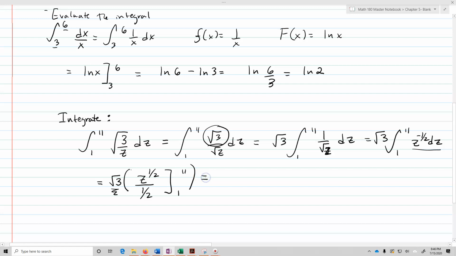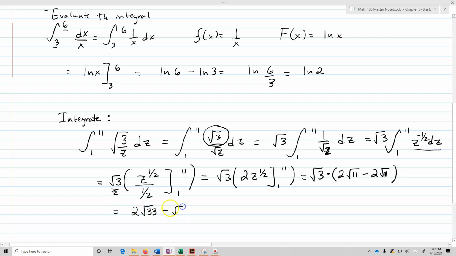With a little bit of algebra, this is root 3 times 2z to the 1/2 from 1 to 11. So this will be root 3 times 2 times the square root of 11 minus 2 times the square root of 1, which equals 2 times the square root of 33 minus 2 times the square root of 3.